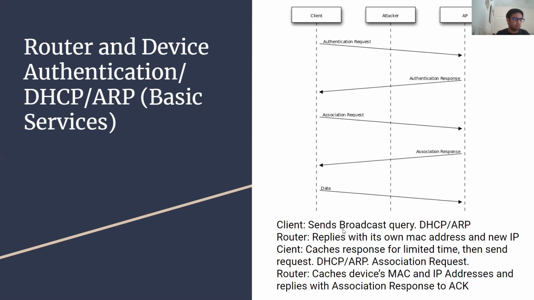Then the router would reply with its own MAC address and the new IP address it assigns to the client. The client then caches the response, then sends an authentication request or association request for DHCP/ARP, and then the router caches the device's MAC as well as IP addresses, and it replies with the corresponding response known as ACK. ACK stands for acknowledgement, or short for acknowledgement.